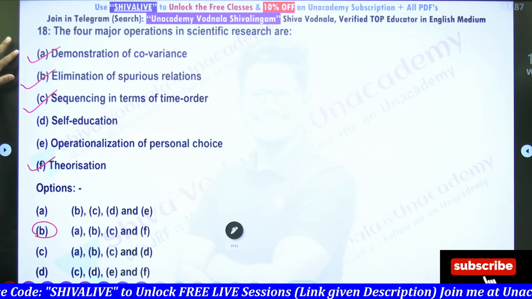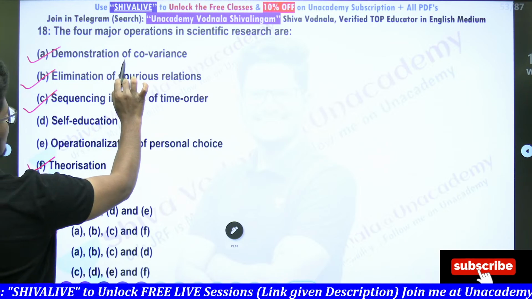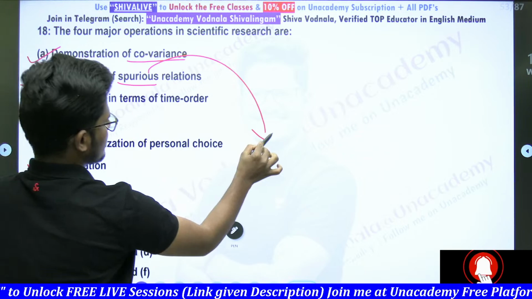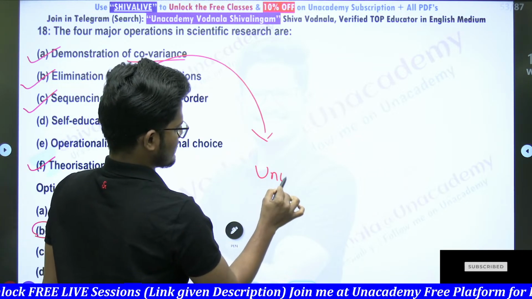A, B, C, F. First, demonstrating a covariance and elimination of spurious relation. Spurious relation is nothing but unwanted or unnecessary relation.